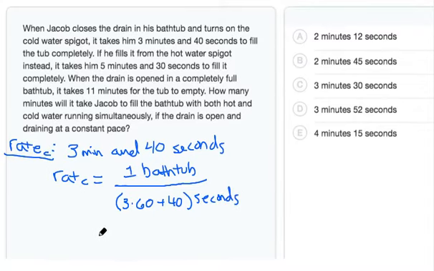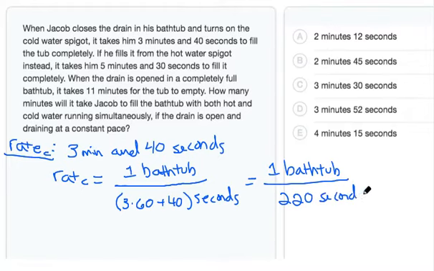Simplifying this, we get a nice rate of 1 bathtub per 220 seconds. Now this would be the rate at which we can fill up a bathtub, 1 bathtub per 220 seconds with cold water. So now we're interested in the rate of the hot water.